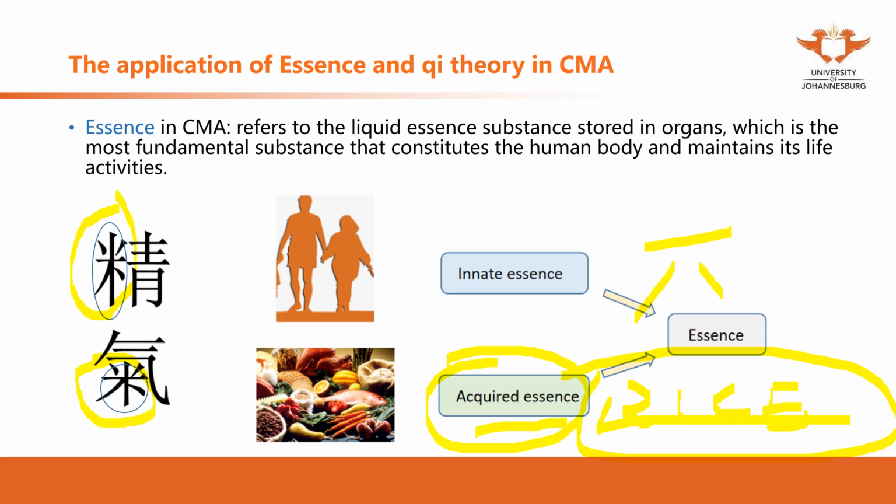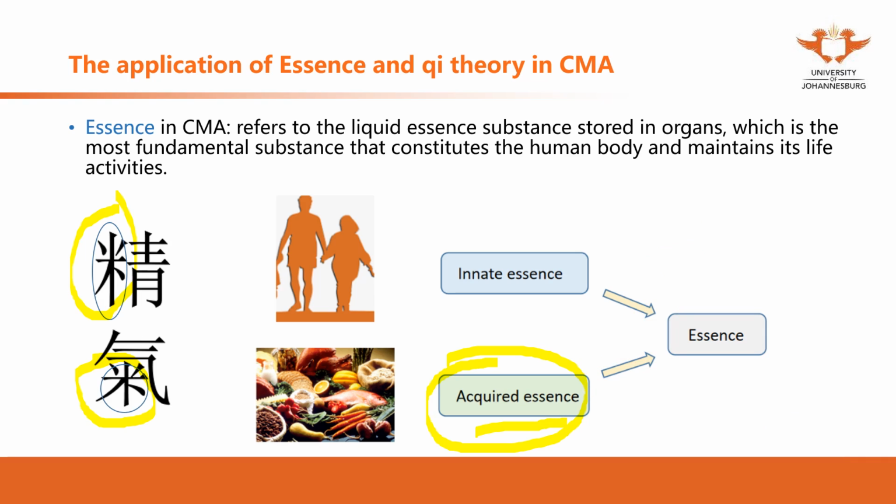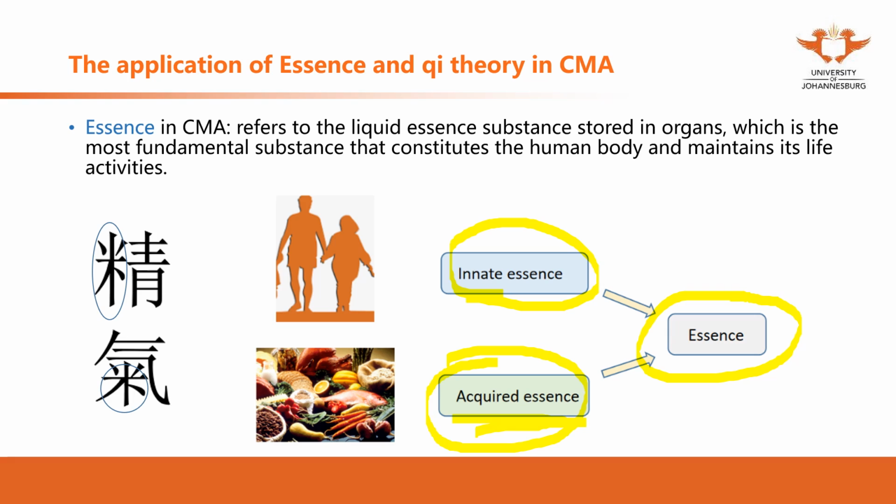And essence and qi in Chinese medicine, we divide into two categories. One is innate essence. The other one is acquired essence. And so essence includes two, innate and acquired. The acquired essence is from the food. The innate essence is from your parents.